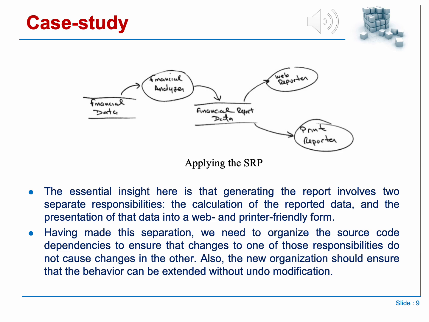Having made this separation, we need to organize the source code dependencies to ensure that changes to one of those responsibilities do not cause changes in the other. Also, the new organization should ensure that the behavior can be extended without undue modification.